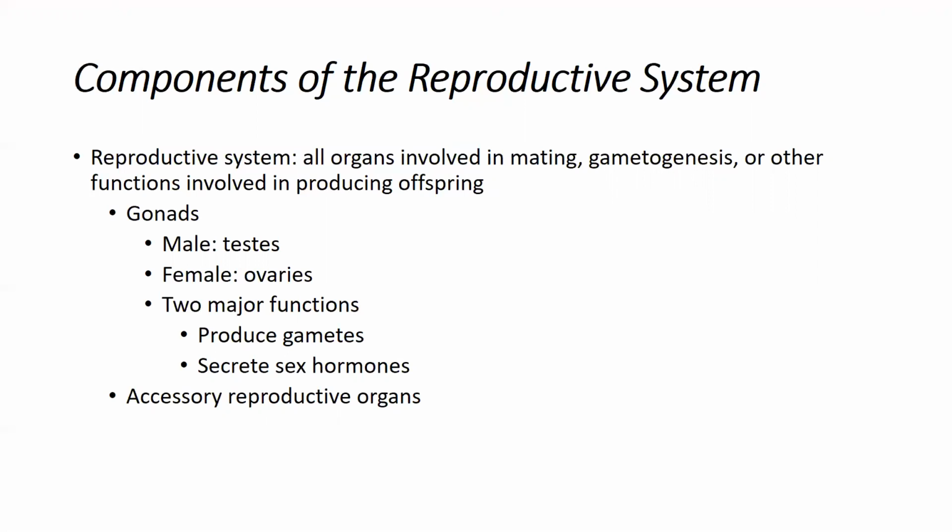So they secrete those sex hormones and release them into the blood, and they can travel to various locations and have their function there. We'll also talk about the accessory reproductive organs, such as the glands, which secrete fluid that lubricates the reproductive tract. Those are also important components of reproduction.